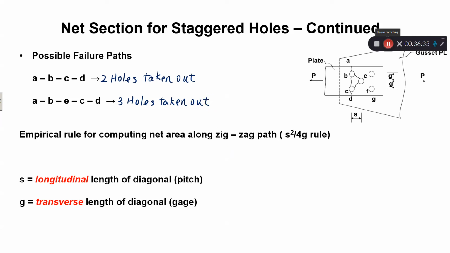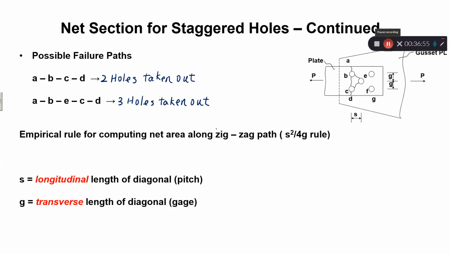So we have to compare the failure paths, right? The thickness is the same for the 2 failure paths, so it will be the length that determines which one will be critical.